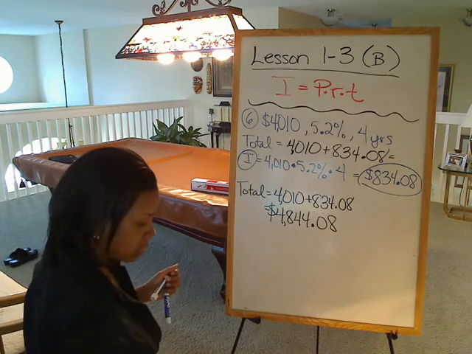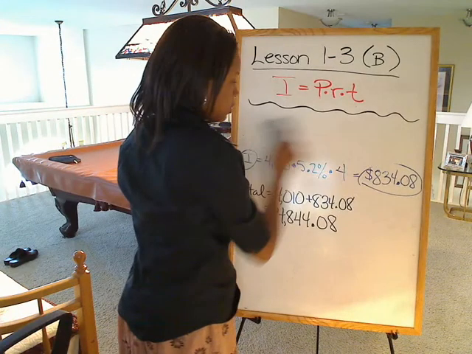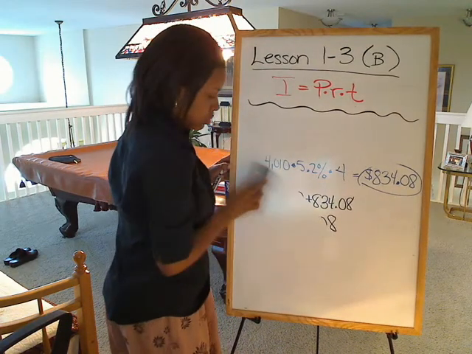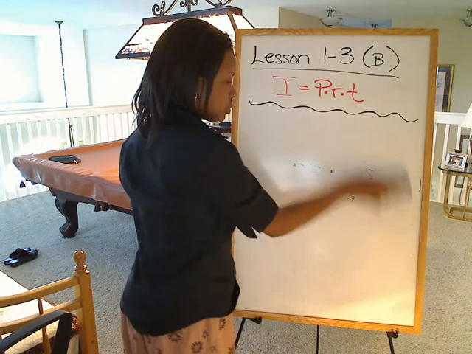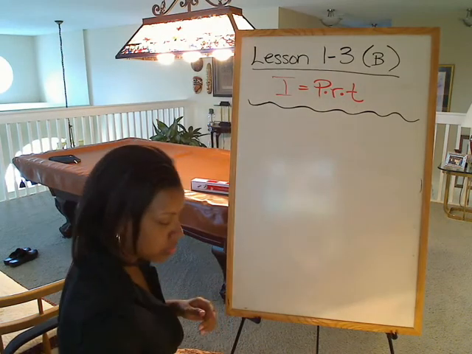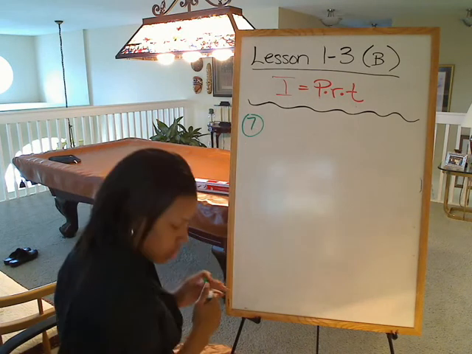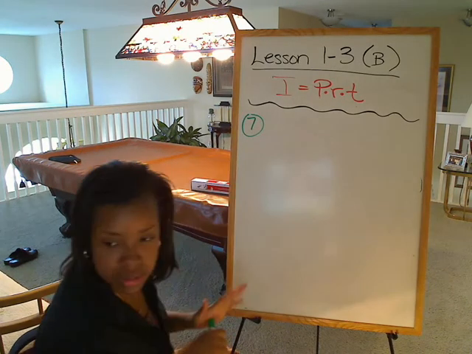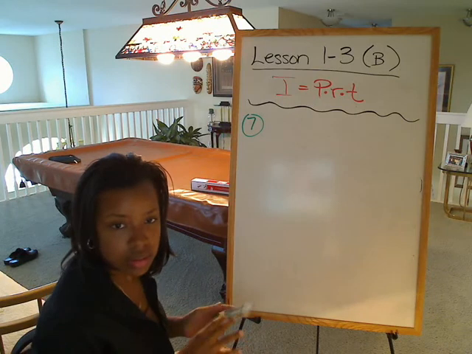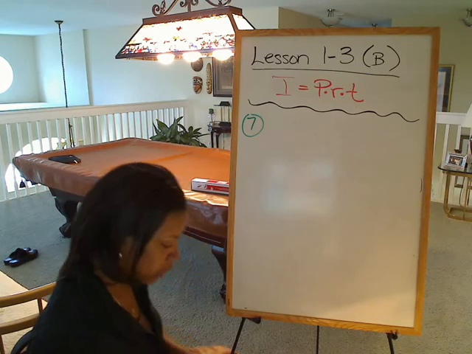I think I'm going to need some space, so. Okay, number 7 says $16,000 at 3.25% for 42 months.